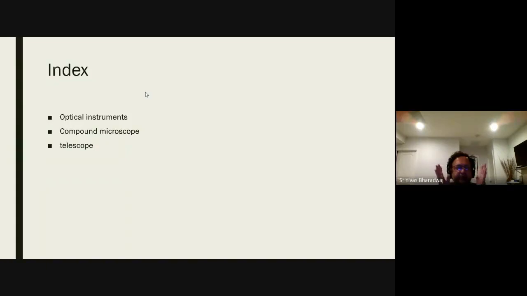Talk of uses of these instruments, right? The telescope is a weapon in a person's hands also.